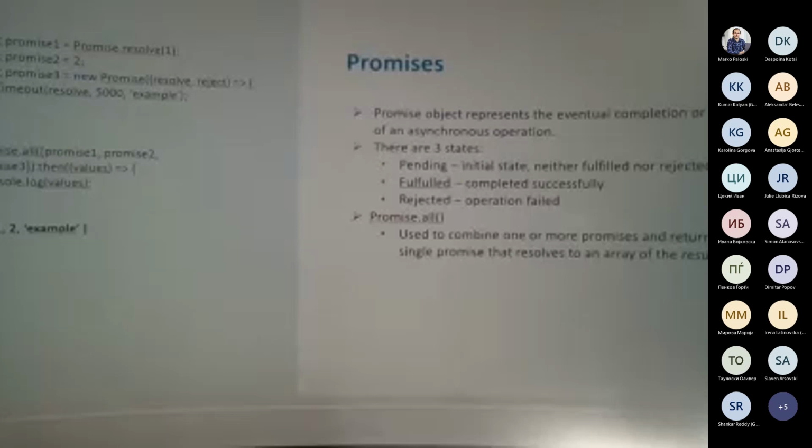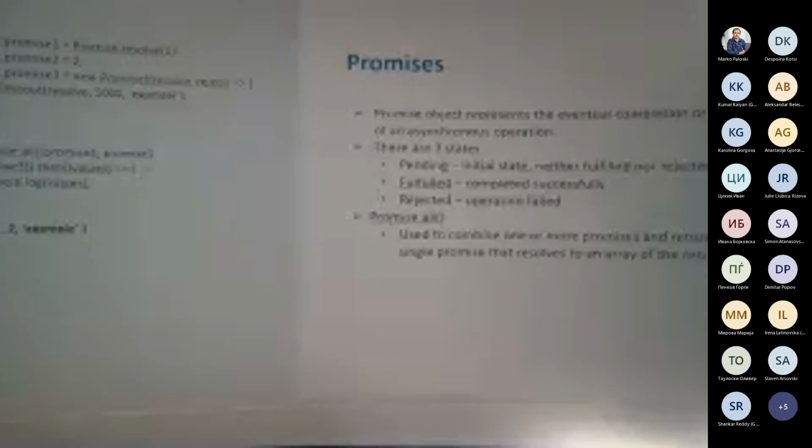All three states show us the current state of the promise. Pending, of course, is neither fulfilled nor rejected. It's in the middle state, where we are waiting to be fulfilled or rejected. Fulfilled means it's completely successful, and rejected means that it failed.